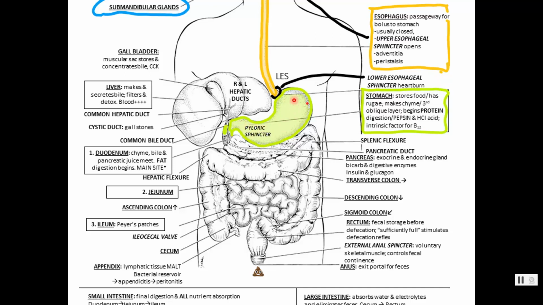And that's why the stomach can churn and pummel our food, and it's responsible for mechanical digestion. It's going to liquefy our food into chyme, but also, when we have emesis or we're vomiting, we know that the stomach is quite capable of projectile emptying itself, and that is due to that unique oblique layer.